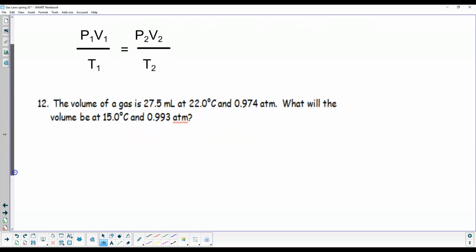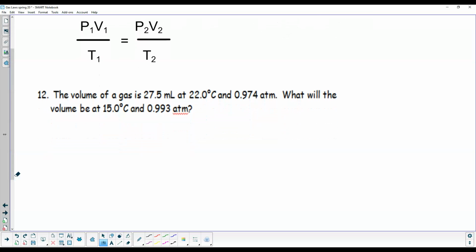All right. So let's go ahead and just add in what we know. Let's say the initial pressure is 0.974 atmospheres. And let's say the volume is 27.5 mL.